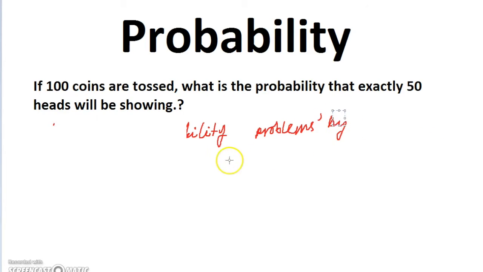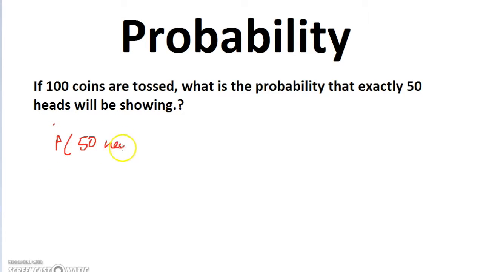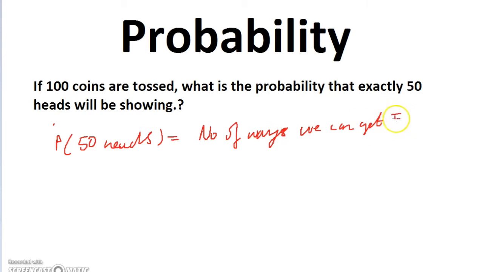Here it's really important you know what things like 50 choose 4 and 60 choose 7 mean. You should know about permutations and combinations. So the probability of exactly 50 heads is the number of ways we can get 50 heads over all possible outcomes.